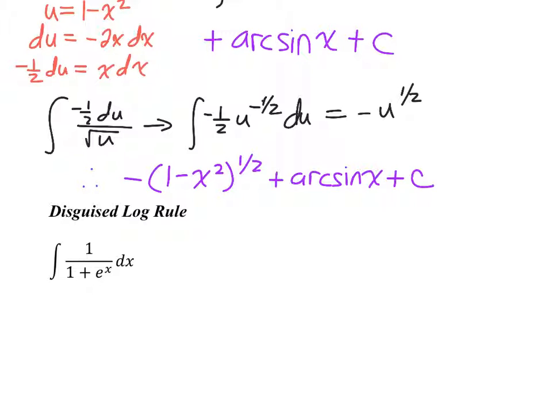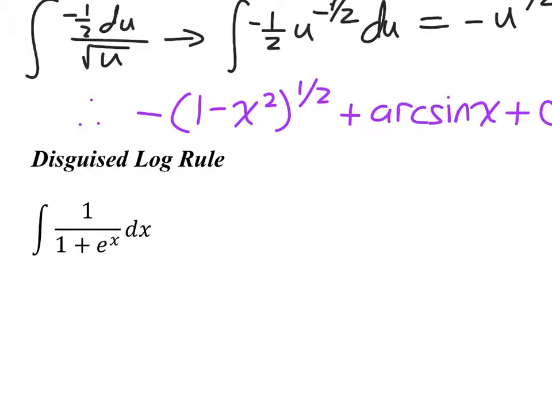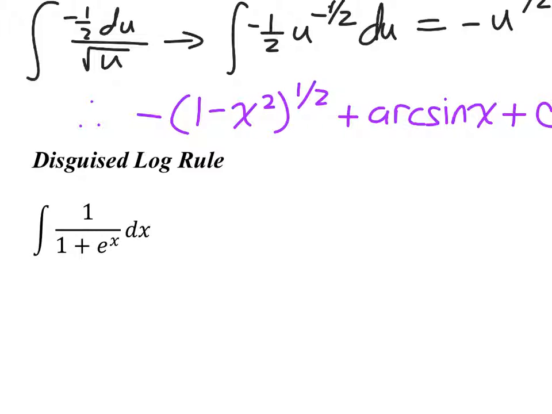Well, what's the derivative of the denominator? e to the x. That is not an e to the x. All right? So, let me add an e to the x. That would be great if we could just do that. But we can't, so I'm going to subtract an e to the x.